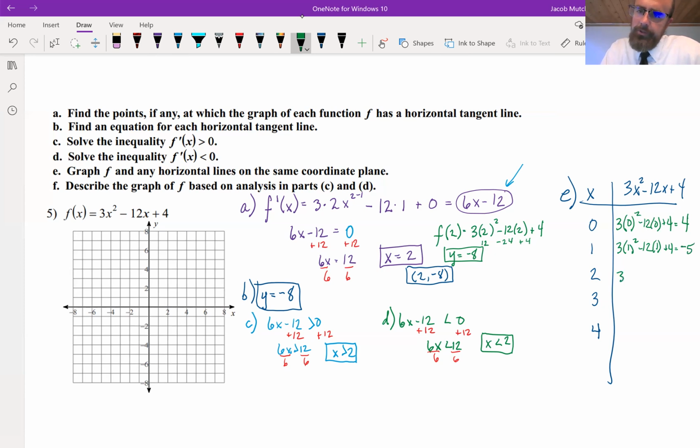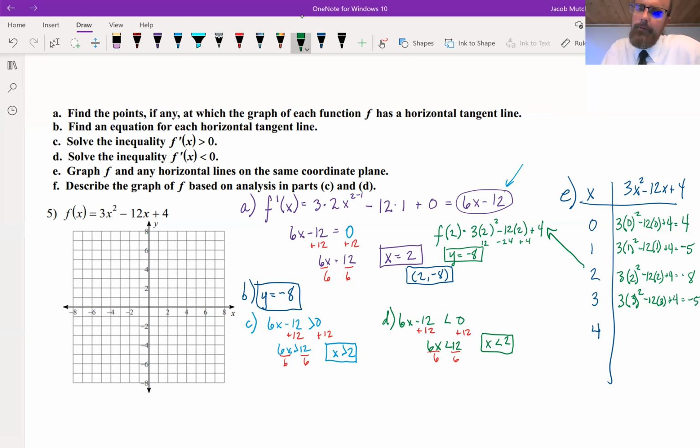Now 3 times 2 squared, that's 3 times 4, so 12, minus 12 times 2, so 12 minus 24 is -12, plus 4 is -8. If you recall, that's what we just calculated in part A. I believe that's the vertex. Let's see if this bumps back to -5. So 3 times 3 squared, that's 3 times 9 is 27, minus 12 times 3, 27 minus 36 is -9, plus 4, and yes indeed, -5.